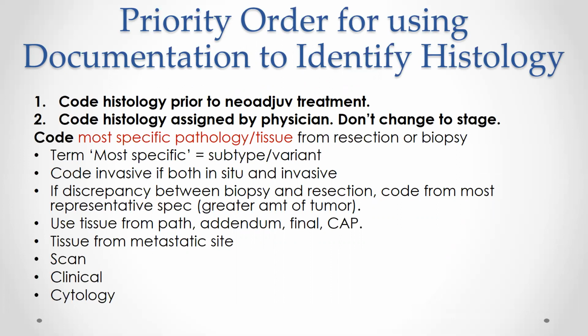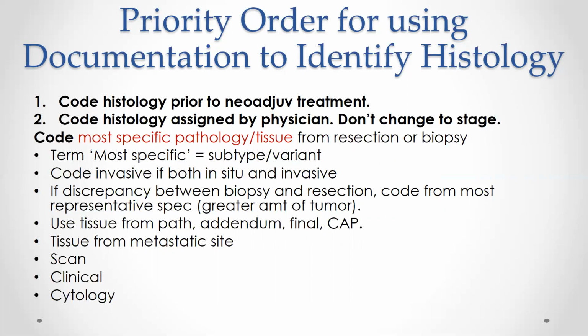Do not change the pathology or the morphology in order to stage a case. And what happens is sometimes you have a histology that's not listed in the chapter for AJCC, and so you cannot change or tweak that in order for you to be able to stage the case.